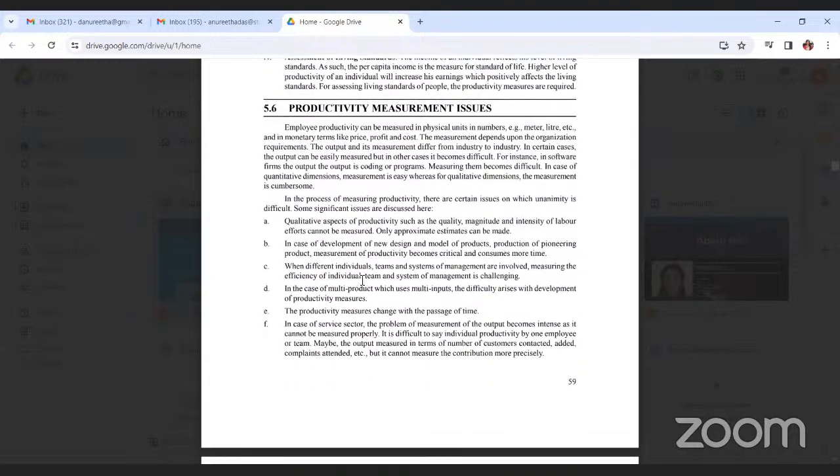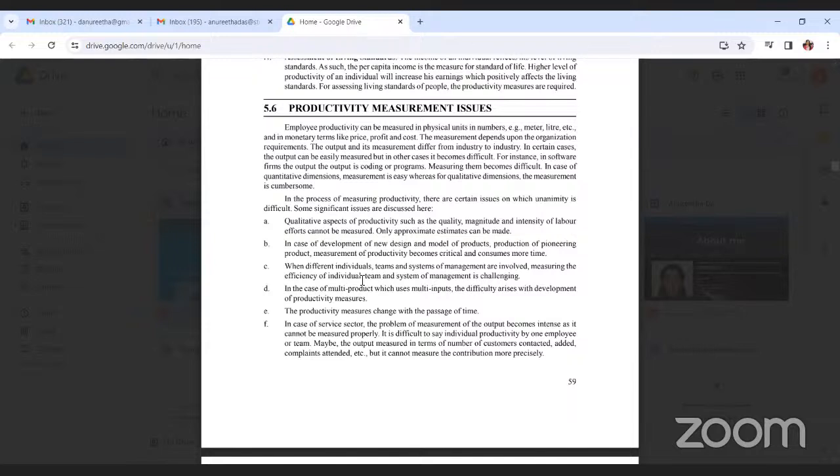What are the productivity measurement issues? Basically, productivity measurement issues are the output and its measurement, which differs from industry to industry. In a certain case, the output can be easily measured, but in another case, it is very difficult.